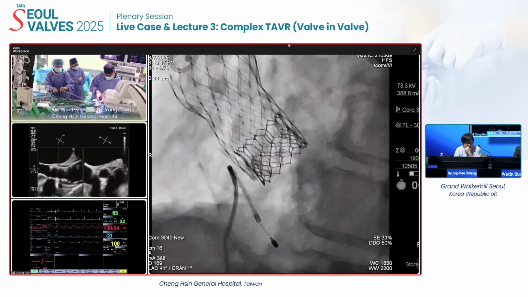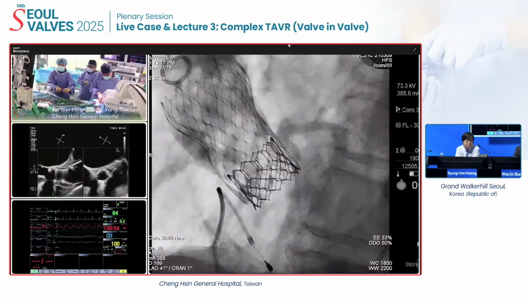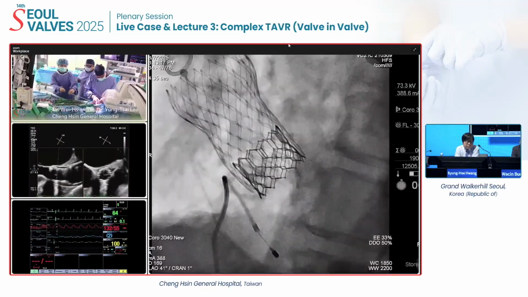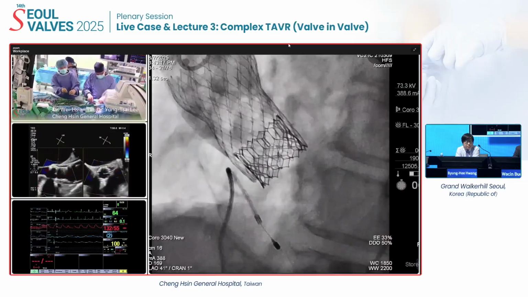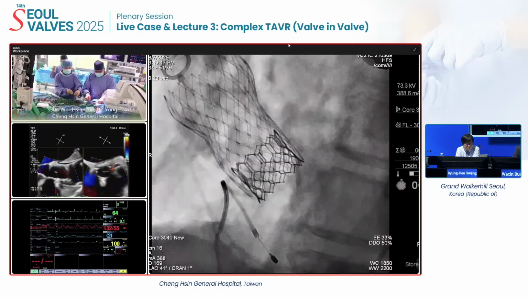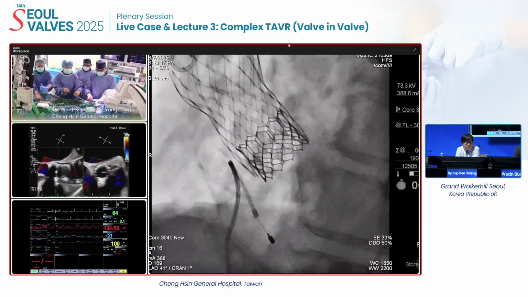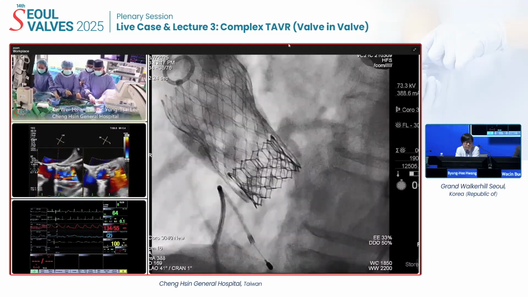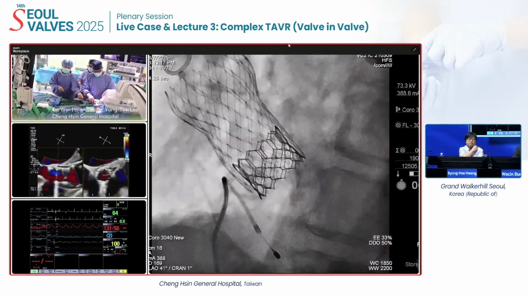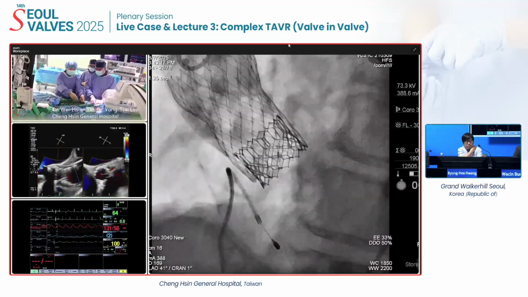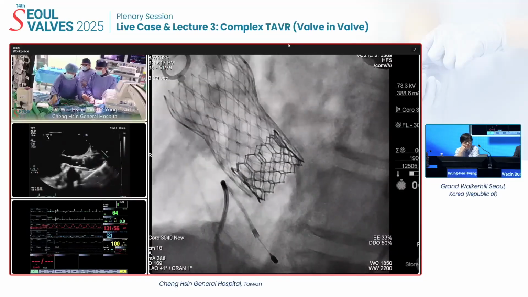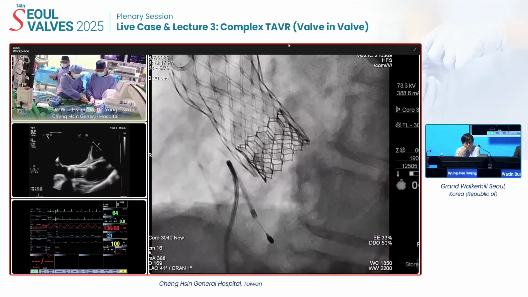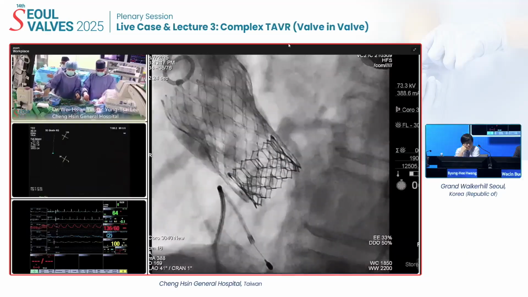But as you mentioned, with self-expanding valves, the valve deployment takes time. So after you split the leaflet, you must rapidly deploy the valve at the first attempt. With an experienced operator, this can be done easily within seconds.